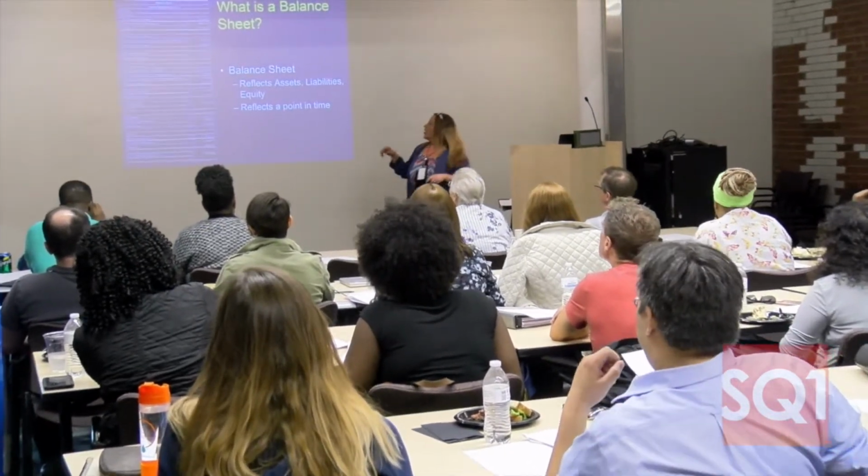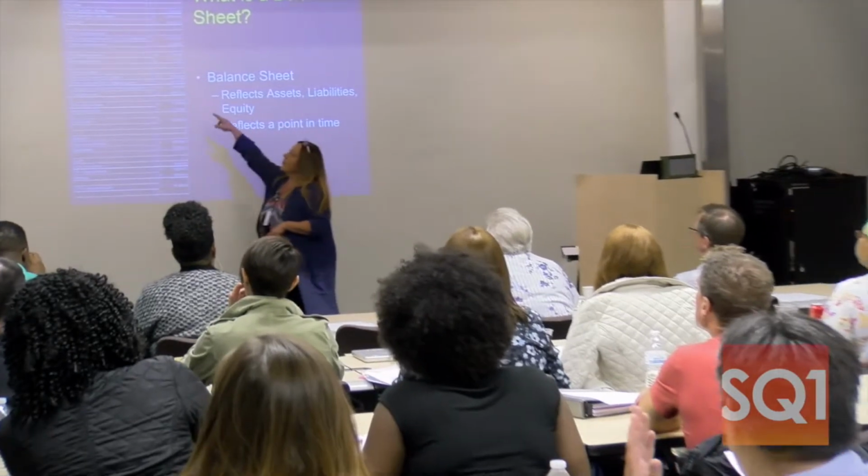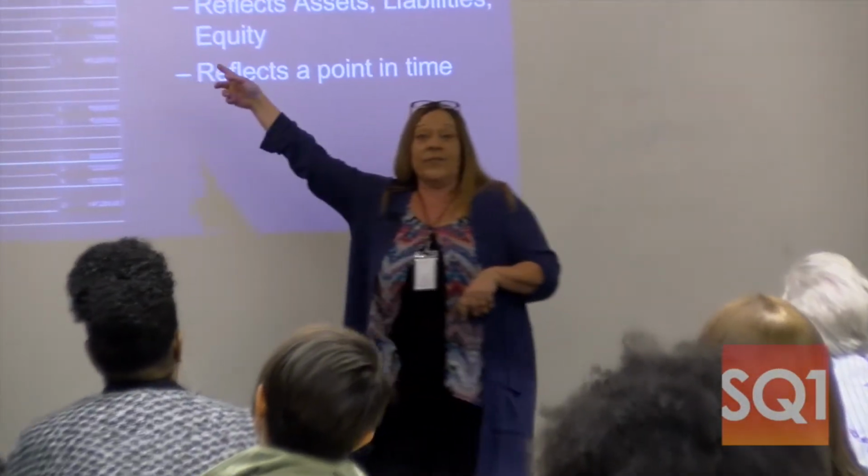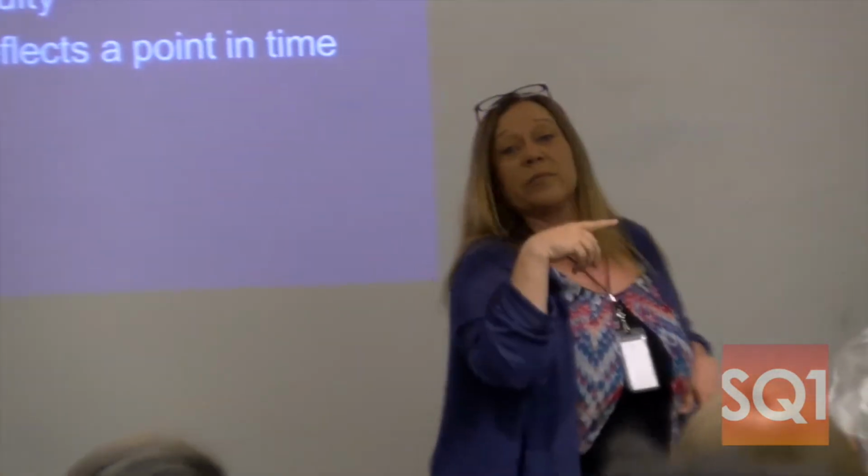So you'll be carrying it on your balance sheet. Let me just flip back here real quick. So you'd be carrying it on your balance sheet as an asset up here. And then as they invoice you against that retainer, at that point, you're going to make a journal entry that's going to say, okay, now I'm going to increase my expense. I'm going to decrease that asset. So now I'm recognizing that legal expense.